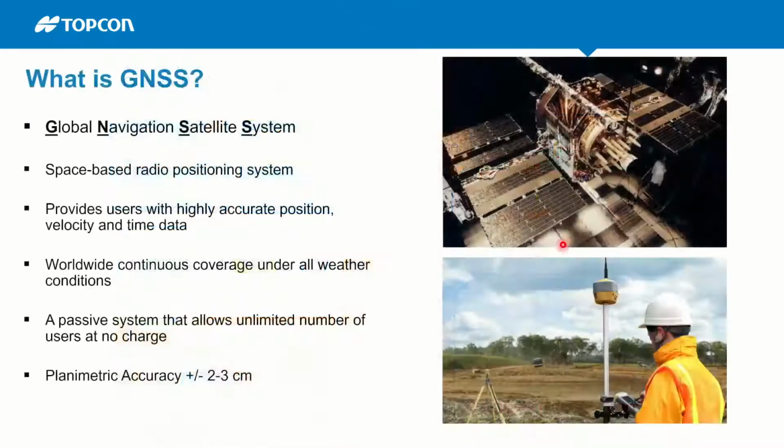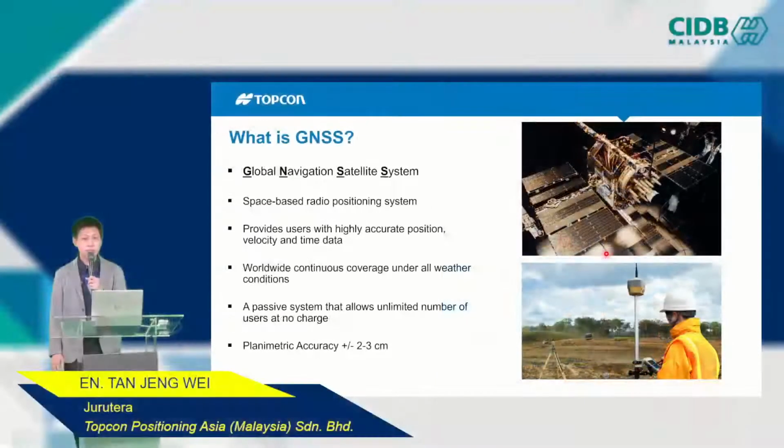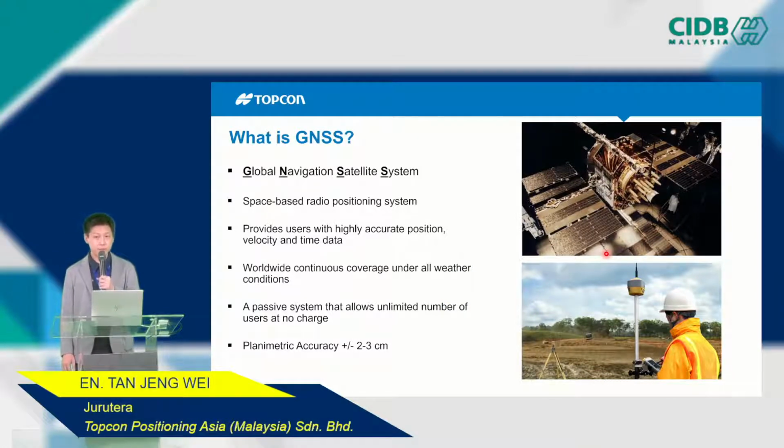After the invention of the total station, we have another new instrument, which is called GNSS. GNSS stands for Global Navigation Satellite System. It is a space-based radio positioning system, and it can provide users with highly accurate position, up to plus minus 2 millimeters, and also accurate velocity and time data.